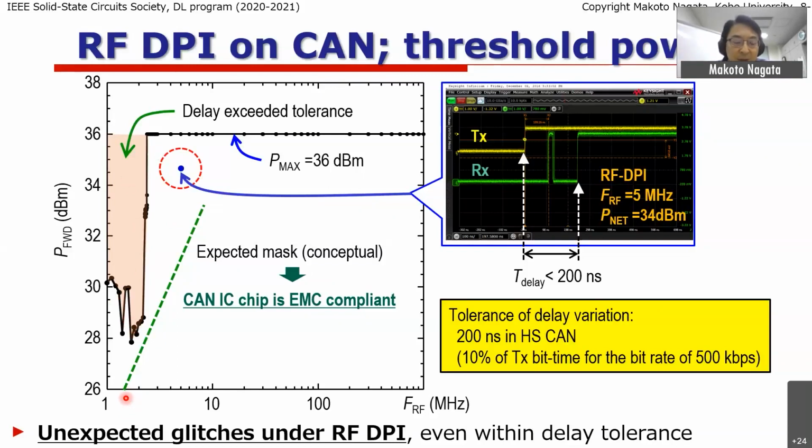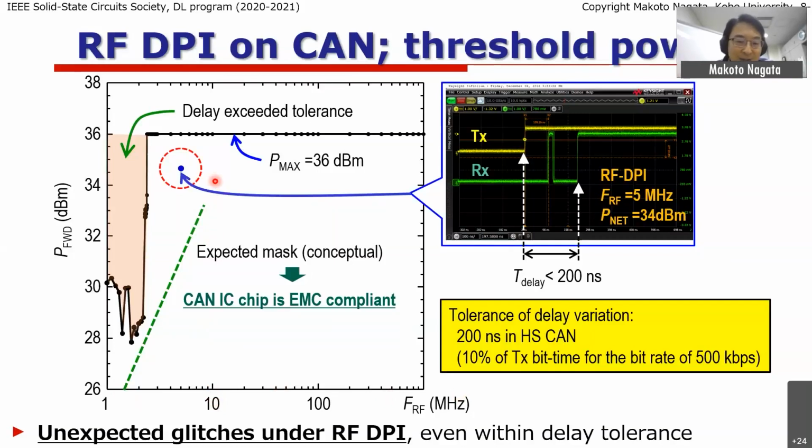Sometimes we call it the mask. In this case, for instance, at an RF frequency of 10 megahertz, with power higher than 34 dBm, this is more than 2 watts, the CAN IC chip needs to be okay. So it has good robustness or tolerance against the incoming power.